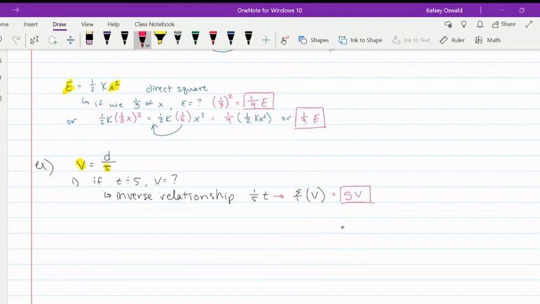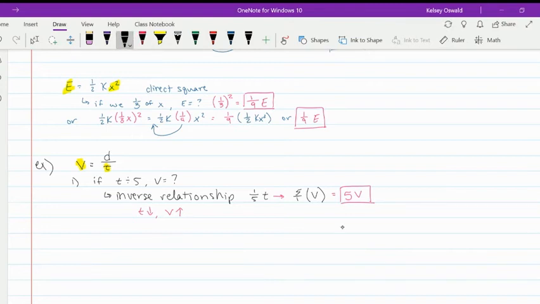Okay? And this makes sense because if we're inverse, if t gets smaller, that means our value for v is going to get larger. So that's a good hint that we're going to be multiplying here instead of dividing.